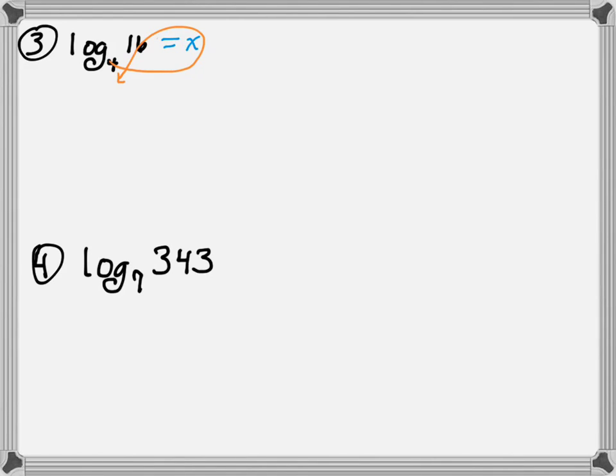So when I convert this to exponential, it's going to be 4 to the x equals 16. And like I said, it's just basically these two switch spots and you fill into the format. So it's going to be a number raised to a power equals a number if you're converting into exponential. And so now I need to think about 16.